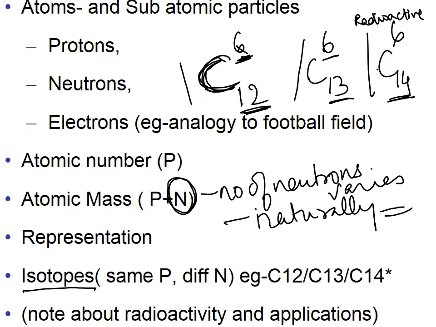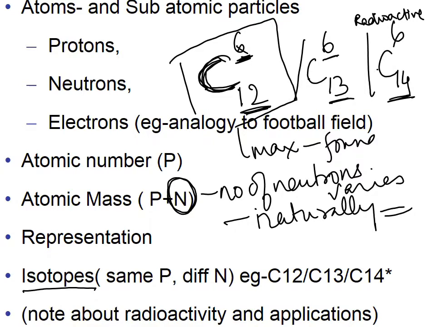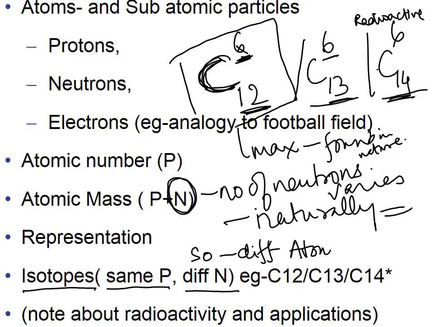C12 carbon is the one that exists in the maximum amount found in nature. There are C13 and C14 types of carbon, and C14 has a special property: it is also radioactive. Now, an element which has the same number of protons but different neutrons, and so different atomic weights, is called an isotope.